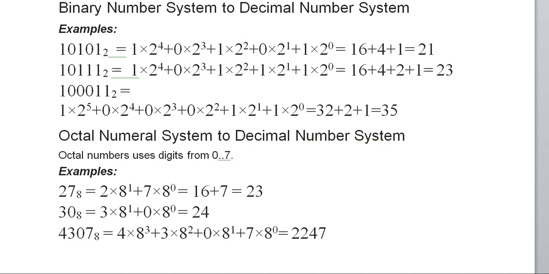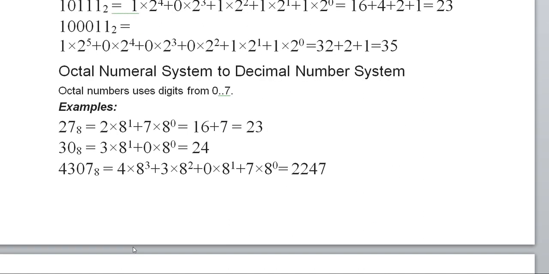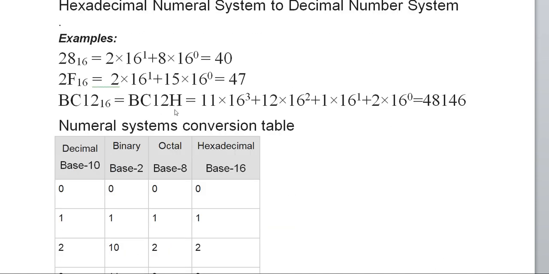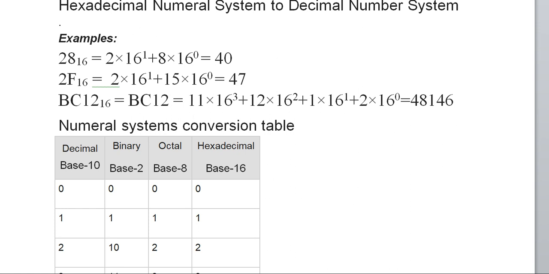Now the next number system is the hexadecimal number system. The same process you have to apply here. In the hexadecimal number system, we have 16 digits, 0 to 9 and A to F. So 28 is a number representing a hexadecimal number.